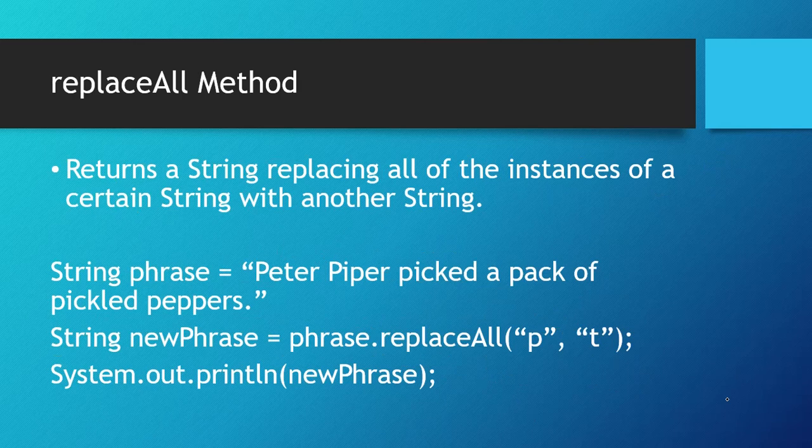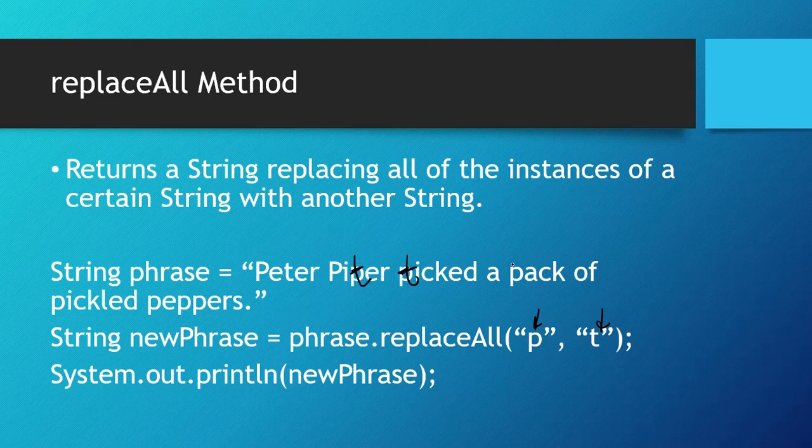Then you got another method called replaceAll. It returns a string replacing all the instances of a certain string with another string. I know that's a lot of strings. Here's what it does. So I got string phrase, "Peter Piper picked a pack of pickled peppers", and I'm going to replace all the lowercase p's with t's. So let's think here. Well, this p would be changed, right?